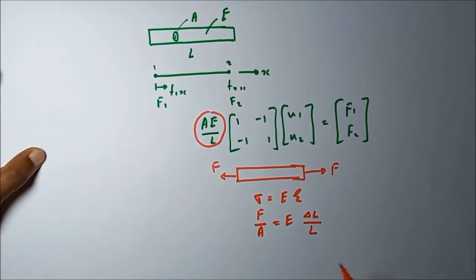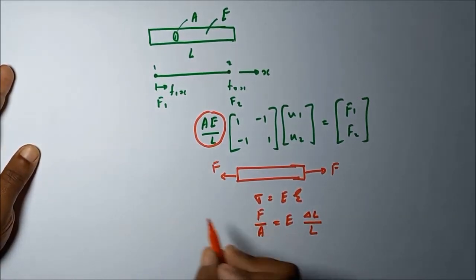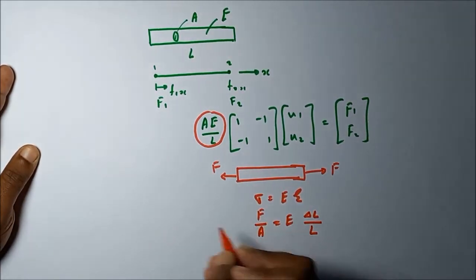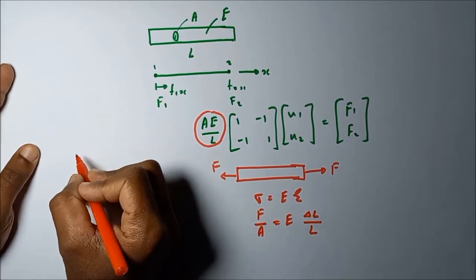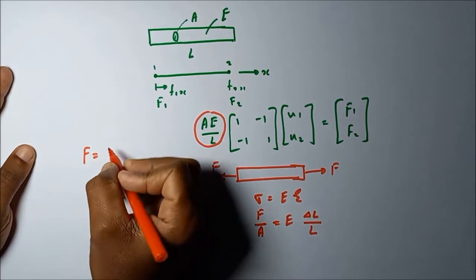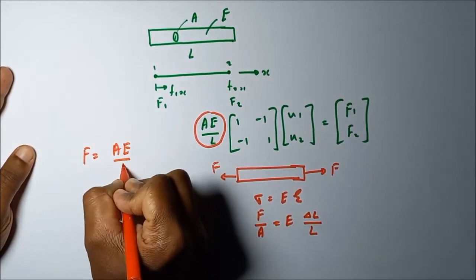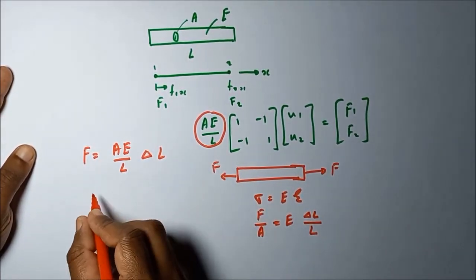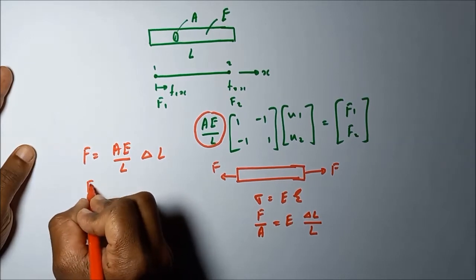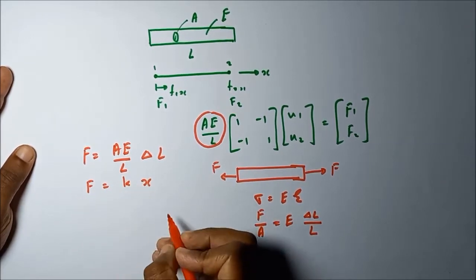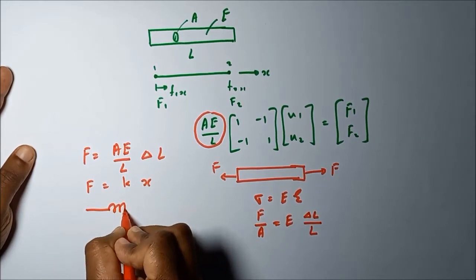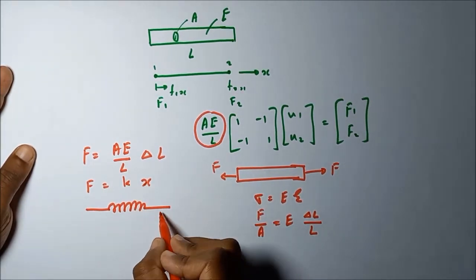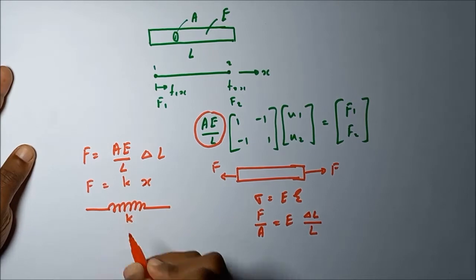Then, taking F as the subject here, F is equal to AE divided by L into delta L. This equation is similar to F is equal to kx for a spring, where x represents the extension and k represents the stiffness of the spring.